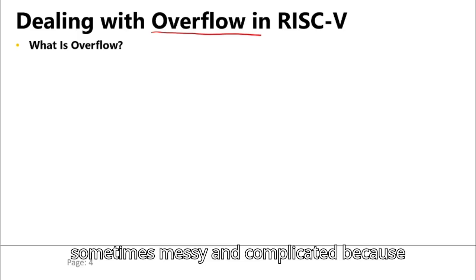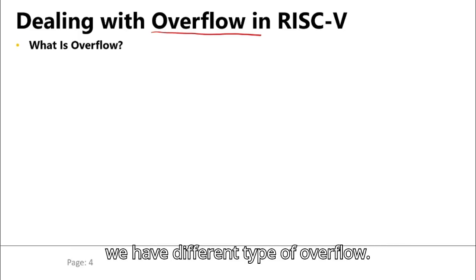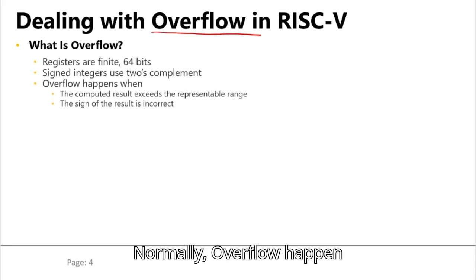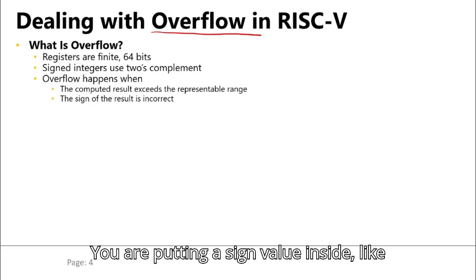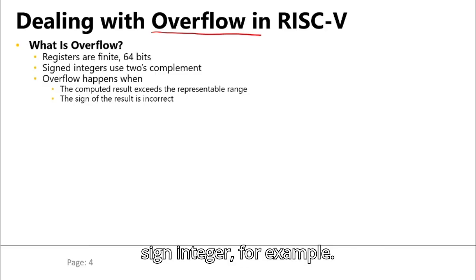Because this is sometimes messy and complicated because we have different types of overflow. Normally, overflow happens when you have a fixed register like 64, and this is like sign. You are putting a signed value inside, like signed integer, for example.